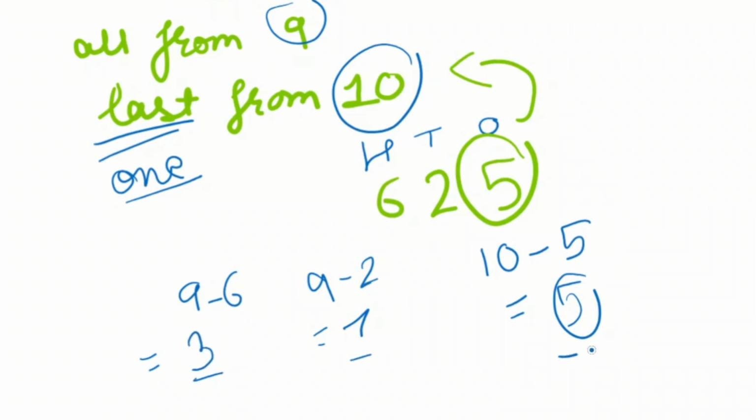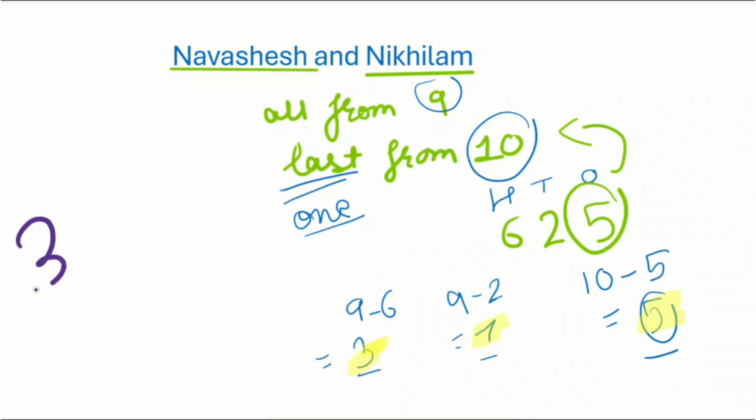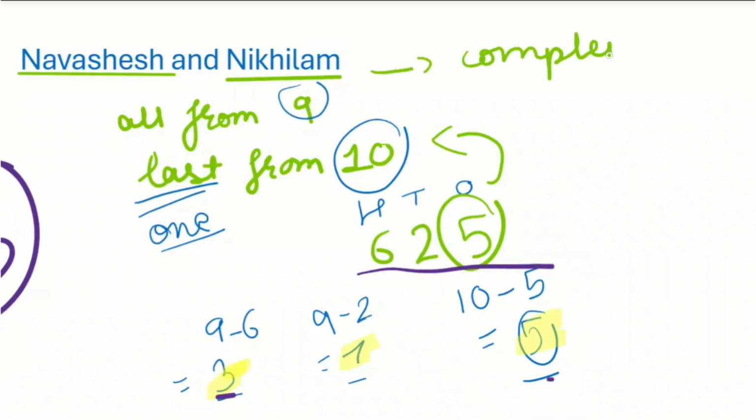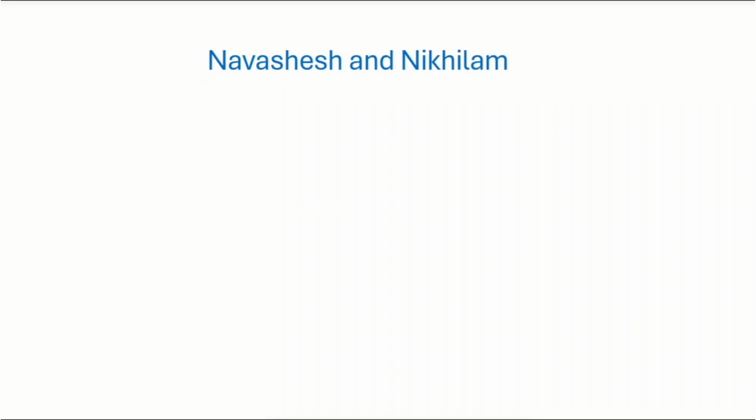Now, all these three numbers that we have received, 3, 7, and 5, we simply put together to find our final Nikhilam, which is 375. 375 is the final Nikhilam of 625. Nikhilam is also called the complement of a number. We will be practicing Navashesh and Nikhilam simultaneously.